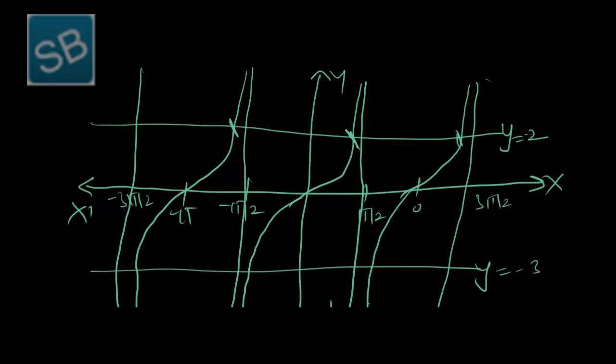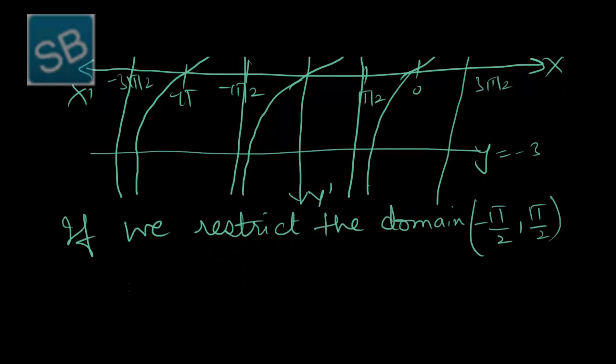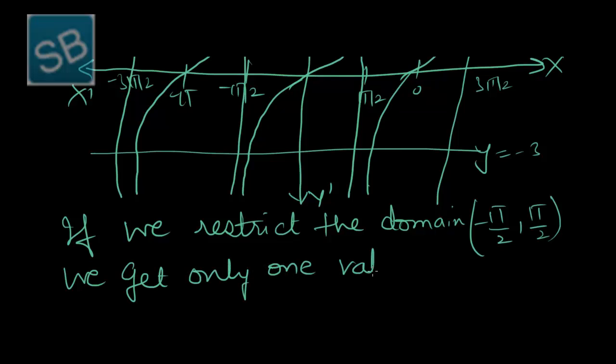If we take y is equal to 2, we see in this domain it cuts at one point. So it has only a finite solution, that is one solution. So we get only one value or one solution for y is equal to tan x is equal to A.